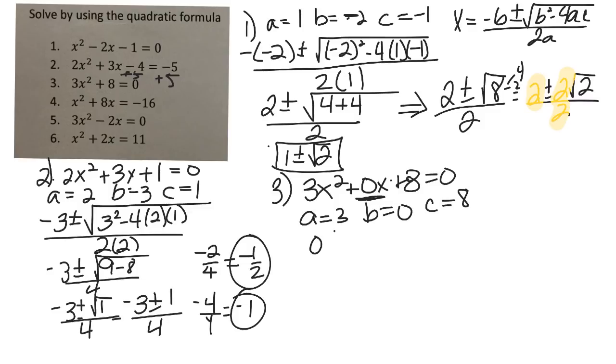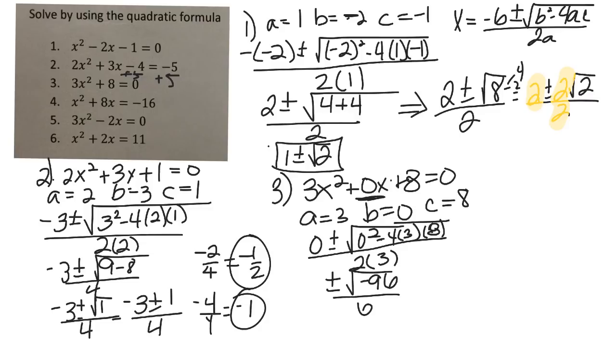So I get 0 plus or minus the square root of 0 squared minus 4 times 3 times 8 divided by 2 times 3. So I get plus or minus, I can put the 0 there if I want, but it's really unnecessary. I get -4 times 3, which is -12, times 8, which is 96. So square root of -96 over 6.